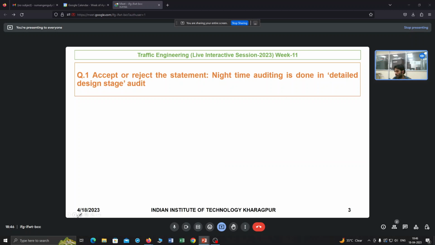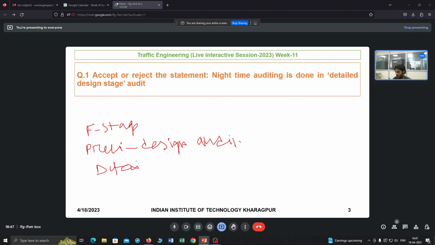Already I mentioned the 5-stage procedure, starting from the feasibility stage audit, then the preliminary design stage audit. Next is the detailed design audit, right?